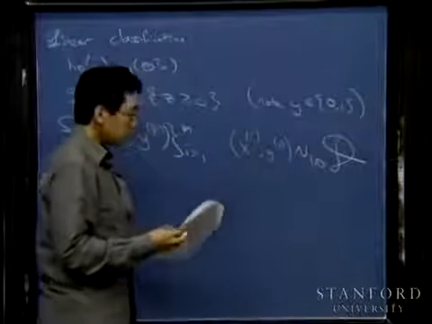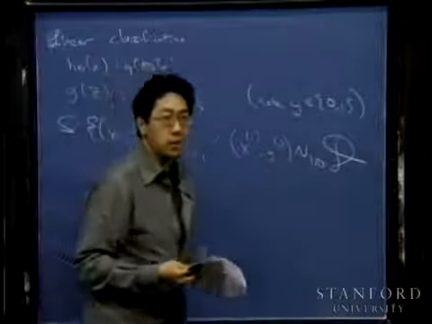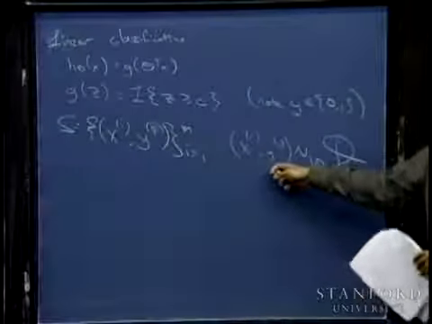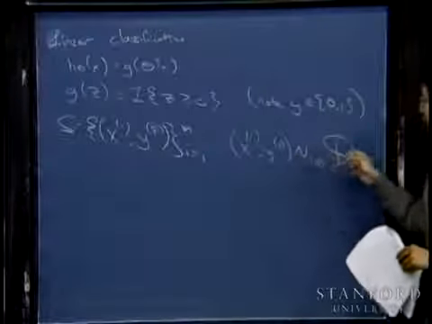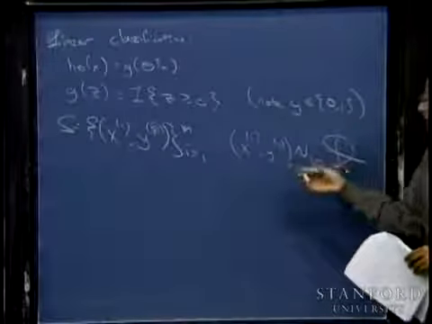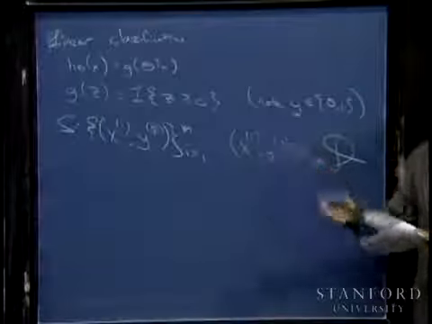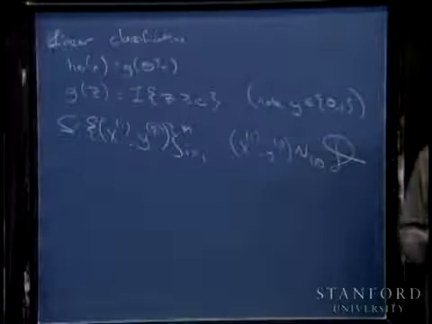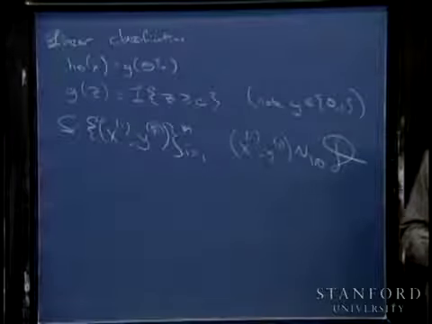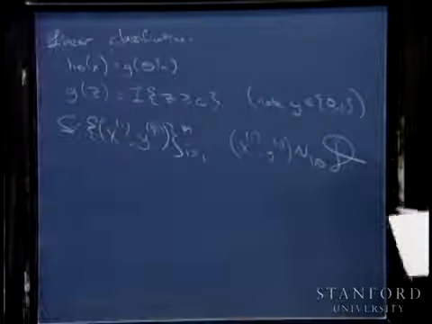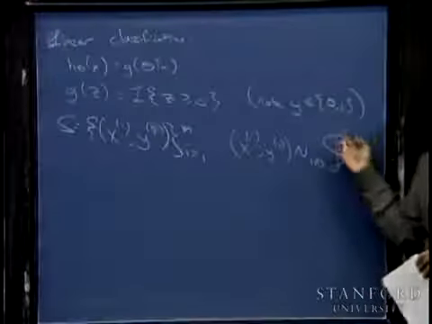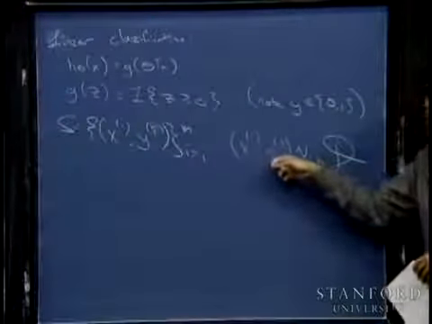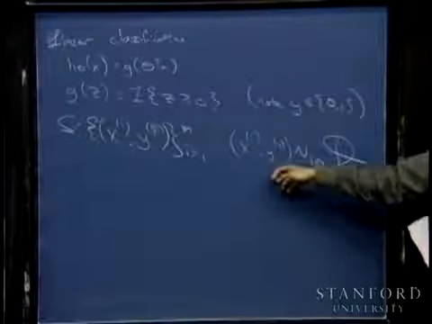If you're running a classification problem on houses, like features of a house, comma, whether the house will be sold in the next 6 months, then this is just the probability distribution over features of houses and whether or not they'll be sold. Same thing for spam. If you're trying to build a spam classifier, then this would be the distribution of what emails look like, comma, whether they are spam or not.